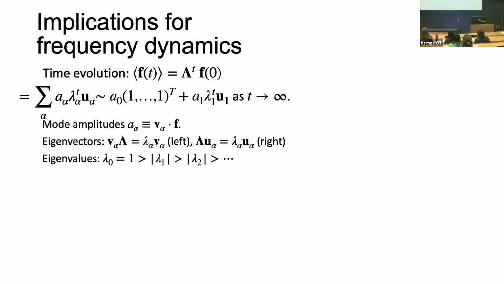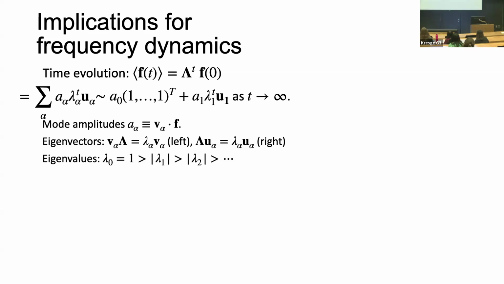Then you forced me to go through this math. Well, if you accept that equation, then I can always write this vector as a sum of eigenvectors with certain coefficients. I can expand a vector in terms of a complete set of basis vectors.